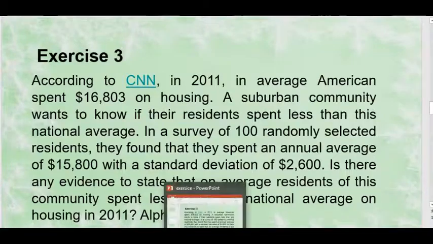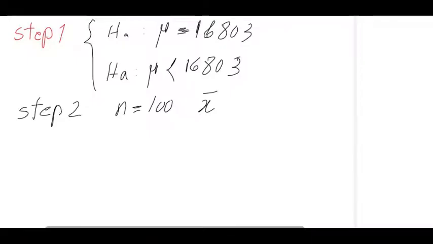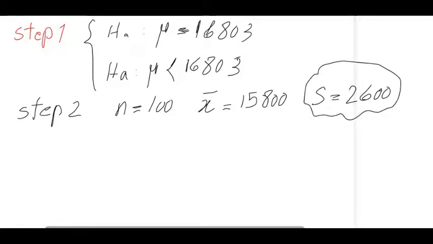So X bar is 15,800 and S is 2,600. So we have S and the sample size is large. So we have case 2.